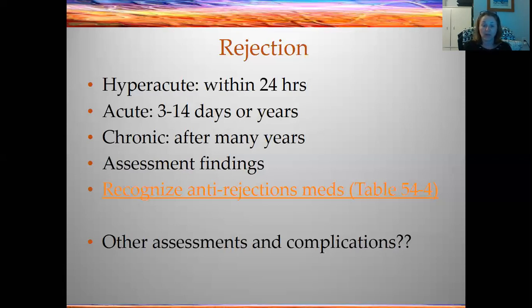A kidney from a living donor usually begins functioning immediately after surgery.